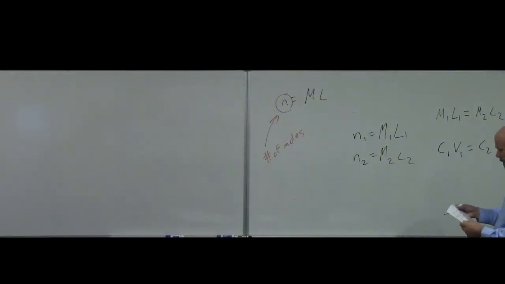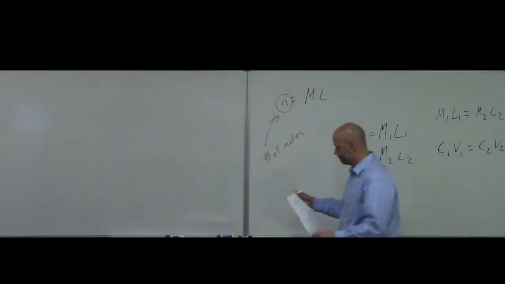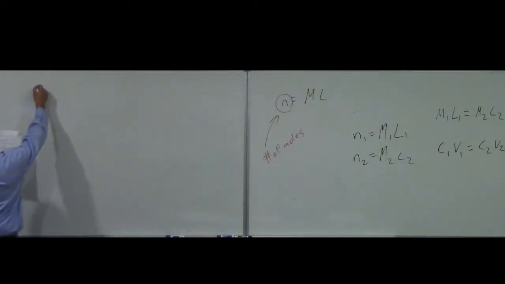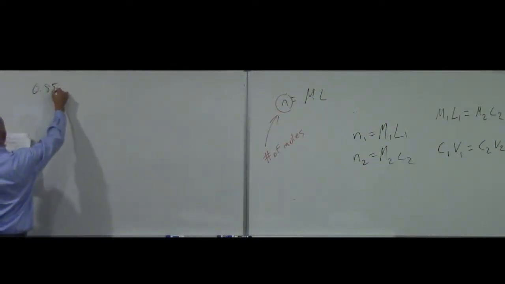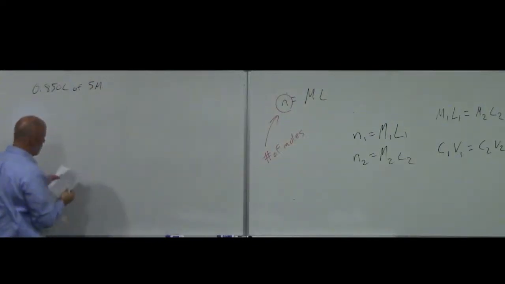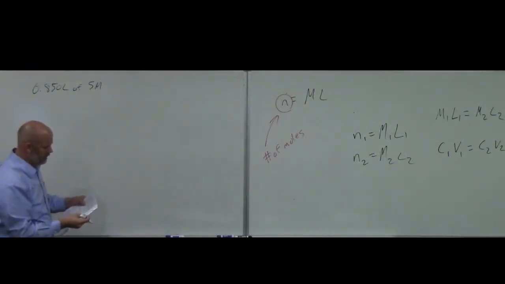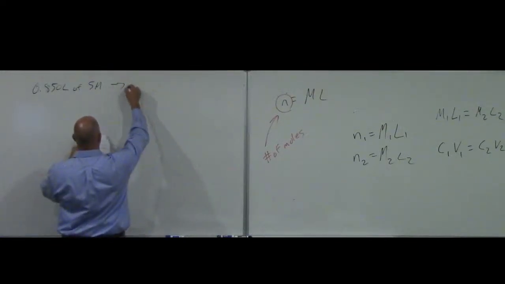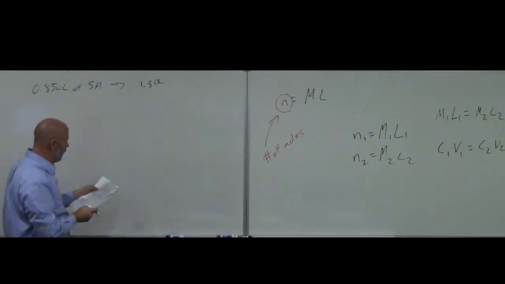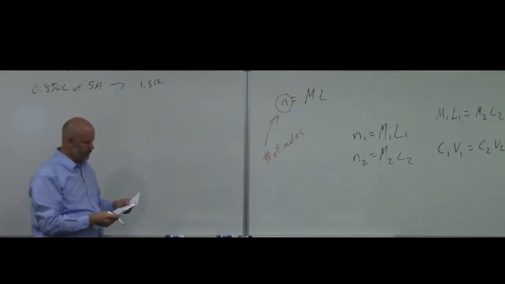Let's quickly get to a problem because I'm getting sick of reading. Okay. Here we go. If 0.850 liters of a 5 molar solution of copper nitrate is diluted to a volume of 1.80 liters by the addition of water, what is the molarity of the diluted solution?